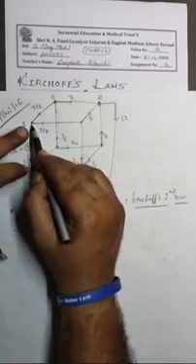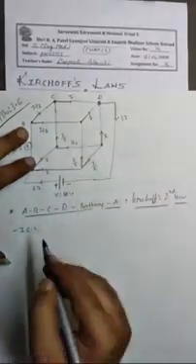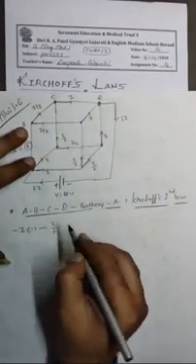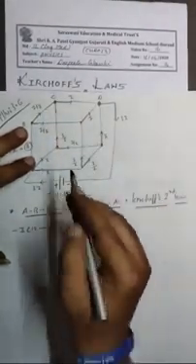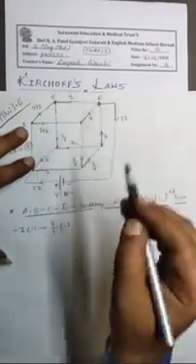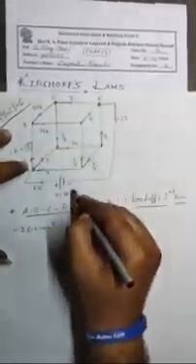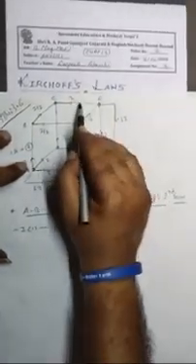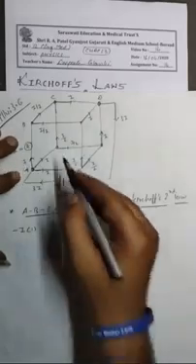Here BC, again electric current in same direction, so that term will also be minus, I by 2. This is the wire having resistance 1 ohm. CD, electric current is I, in our direction, that is clockwise direction, so it is also minus. Again there is a wire having resistance 1 ohm.